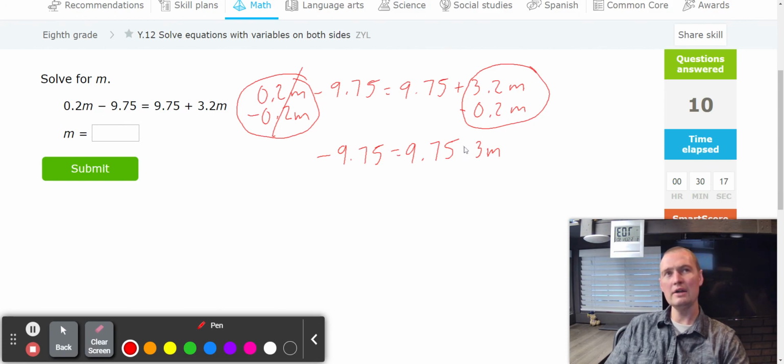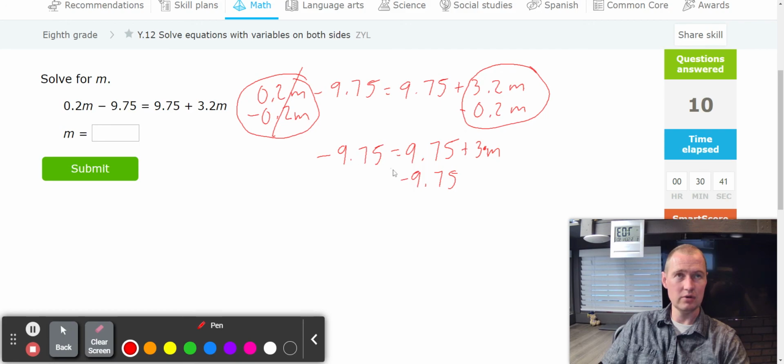Now, you're probably wondering, how did I know it's going to be a whole number? Because look, we got inverses here. A negative 9.75 and a negative 9.75 here. So if we subtract out 9.75, because we need to add and subtract first, because this 3m is multiplication.